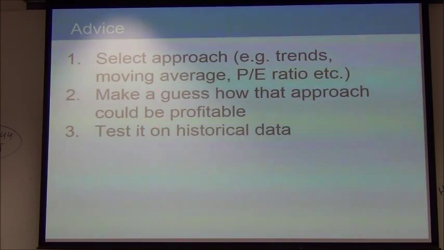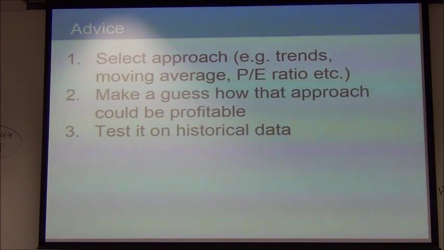So you can make a guess, then you can test it, then you see that that guess was wrong, then you can go back to the second step and repeat these 2 steps until you have a good strategy. Or maybe you can come back to the first step and then change the trading approach you use, and then you will find a good trading strategy.